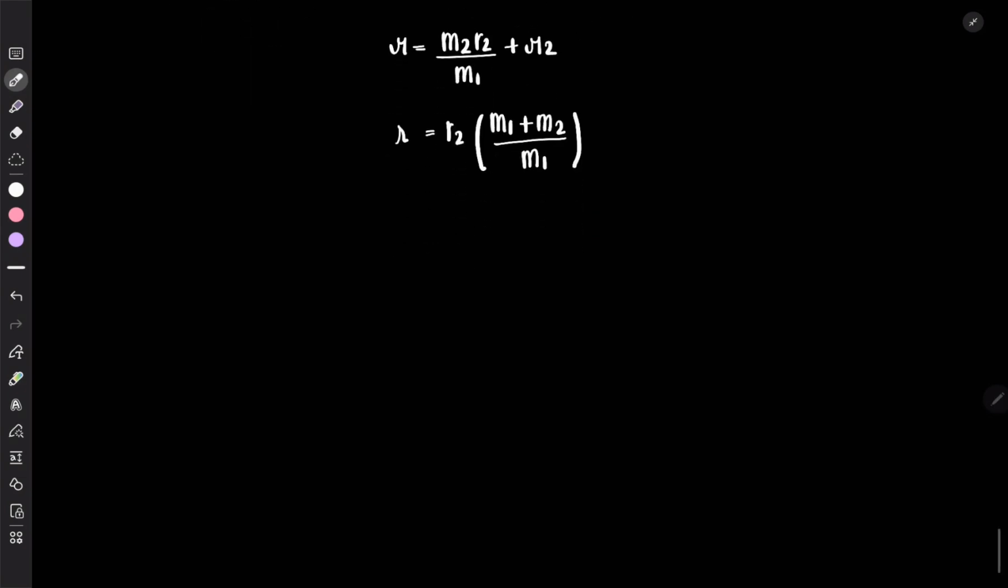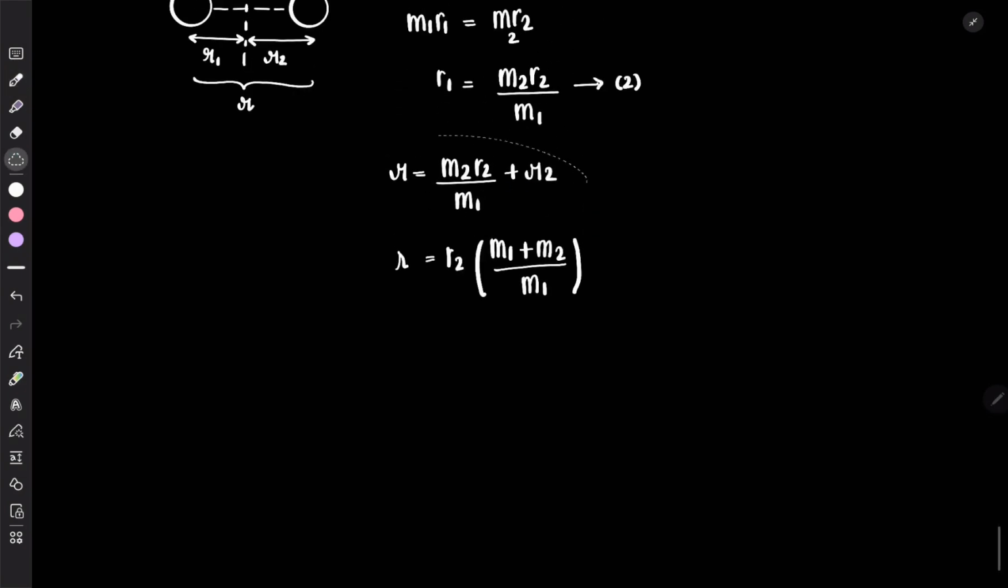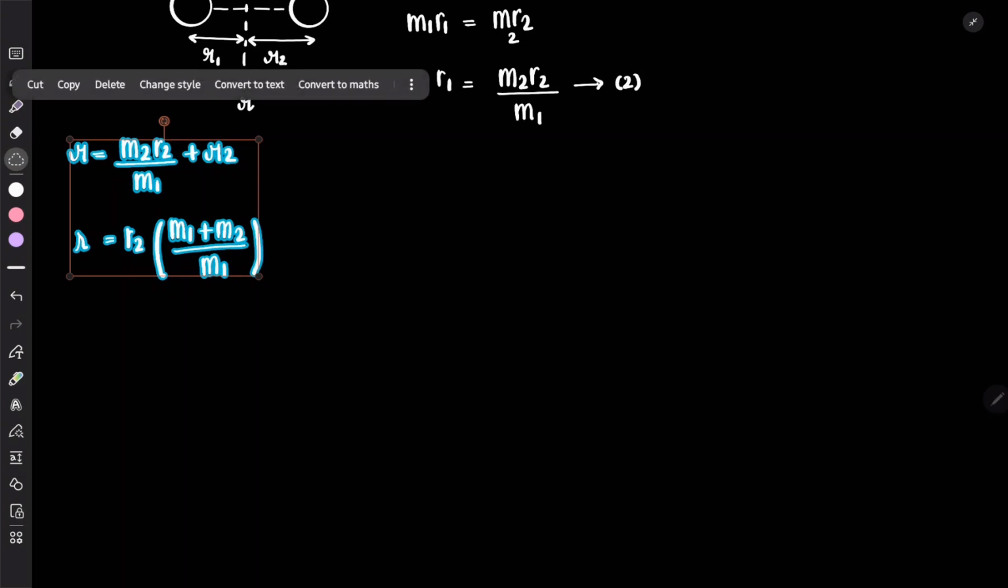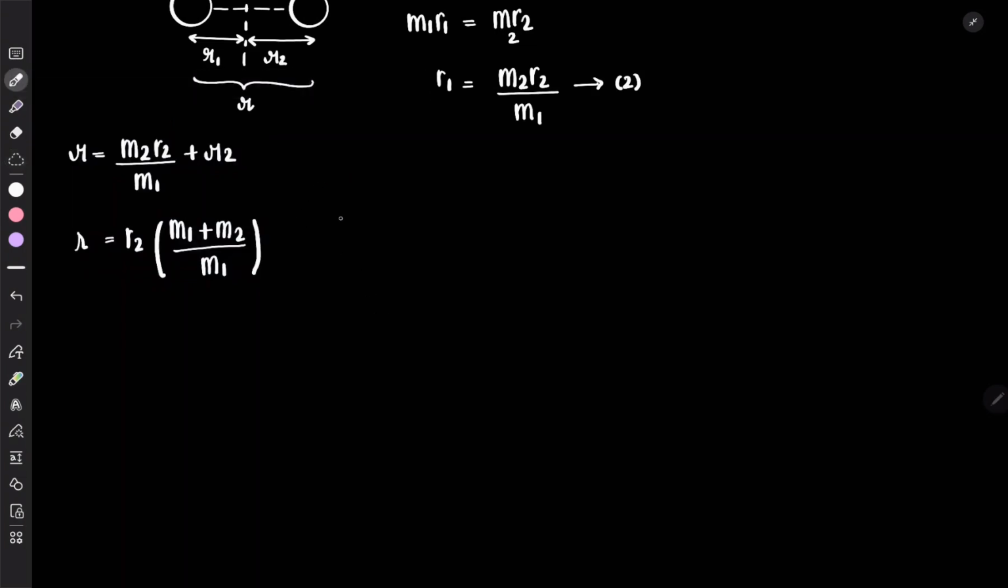Writing in terms of r2, r2 is equal to m1 r divided by m1 plus m2, and therefore r1 will be equal to m2 r divided by m1 plus m2. I can write this as the third equation and this one as the fourth equation.